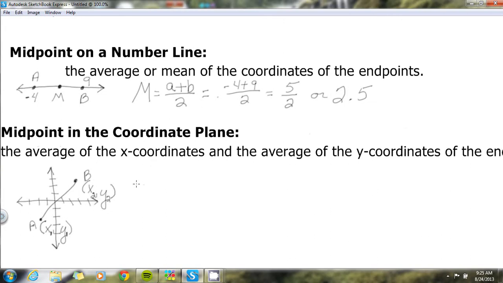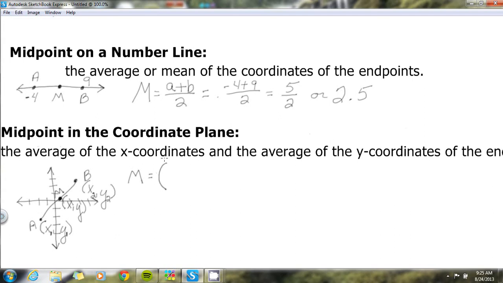So the formula for the midpoint in the coordinate plane is going to be another coordinate, another ordered pair, because the midpoint is going to fall somewhere between points A and B. We don't know exactly where right now, but it's also going to be a point with the coordinates x and y.